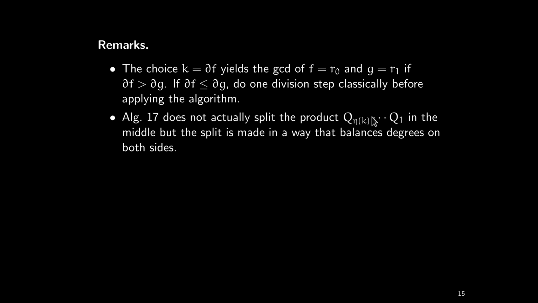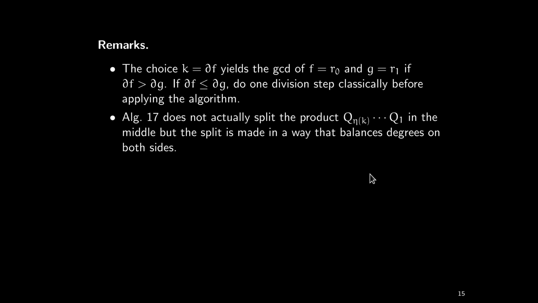What we do is we break this product in such a way that the sum of the degrees on one side is roughly equal to the sum of the degrees on the other side. And that's even better than just blindly splitting it in the middle.